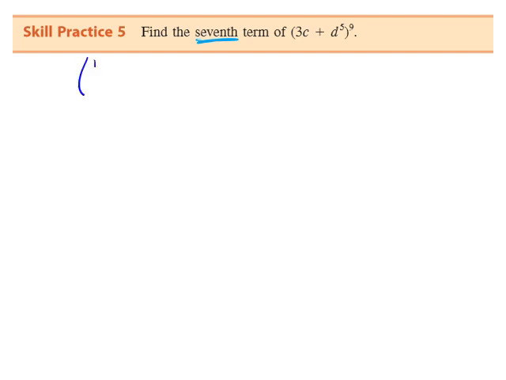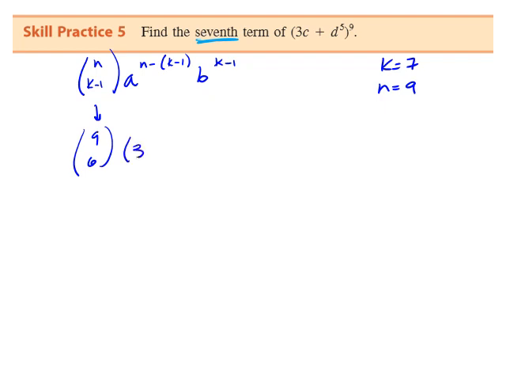So again, our formula is n choose k minus 1 times a to the n minus k minus 1 times b to the power of k minus 1. k is 7, n is 9, so this becomes 9 choose 6 again. a is 3c, and we will have that to 9 minus 7 minus 1, which is 6. b is d to the 5th power to the power of k minus 1, or 7 minus 1, which is 6.